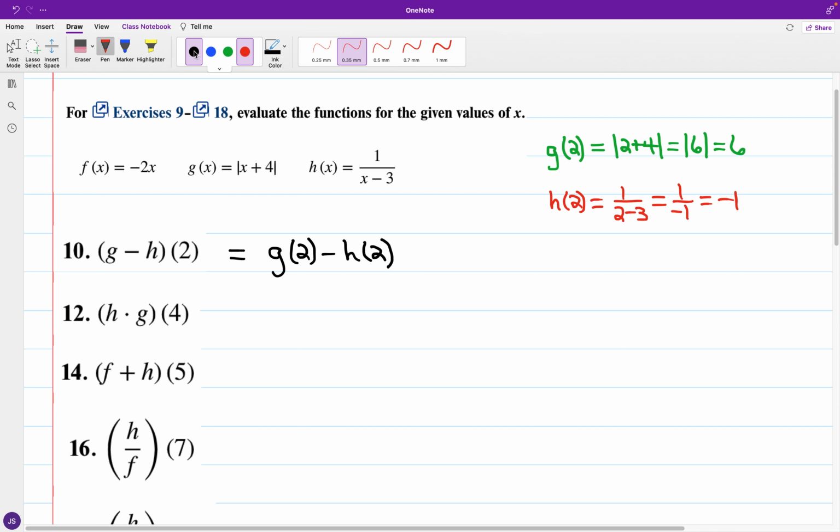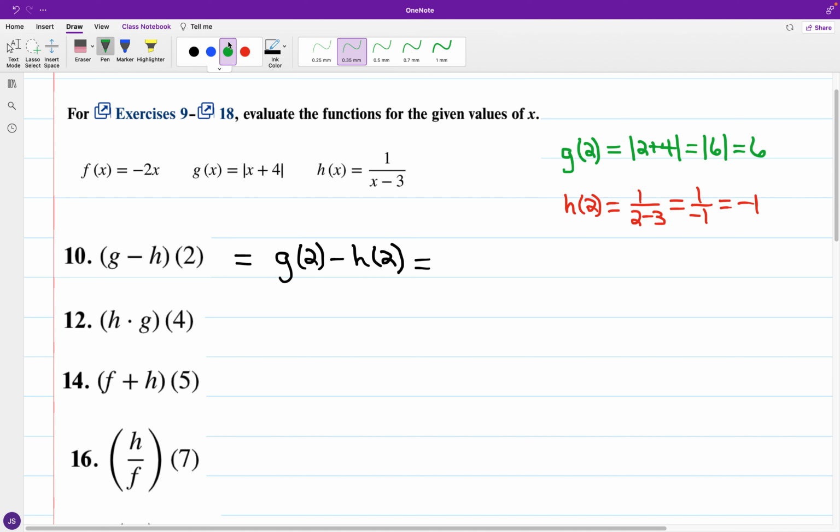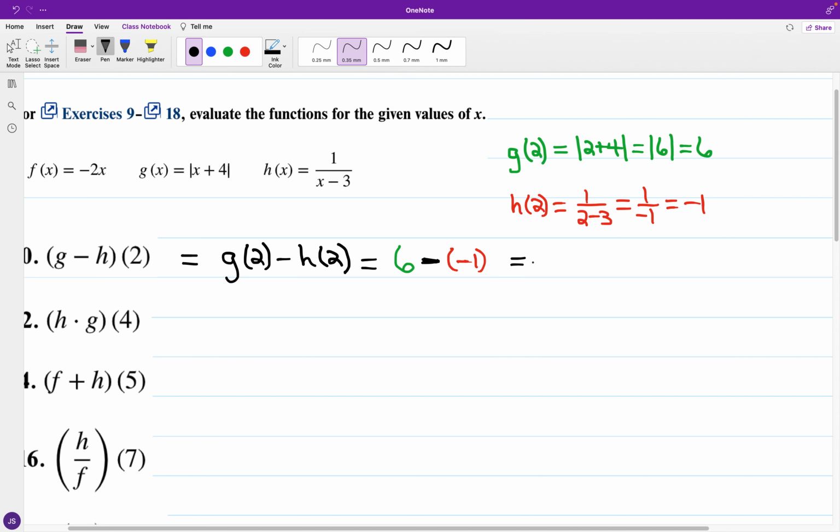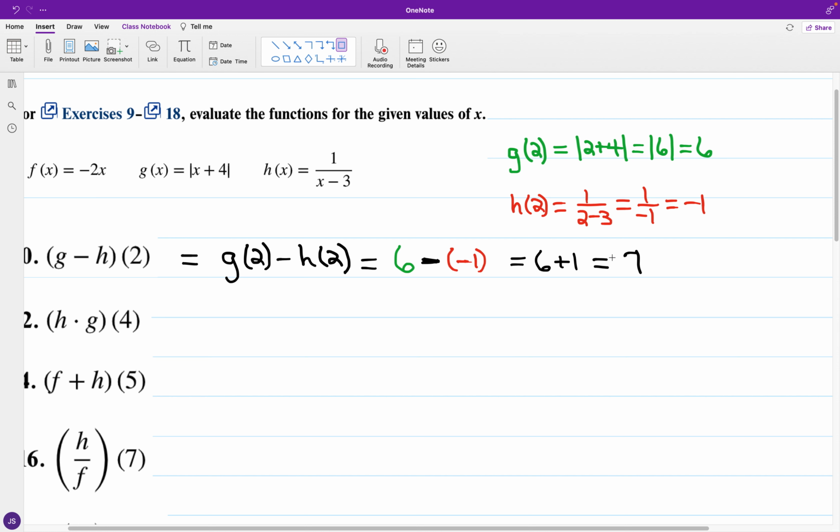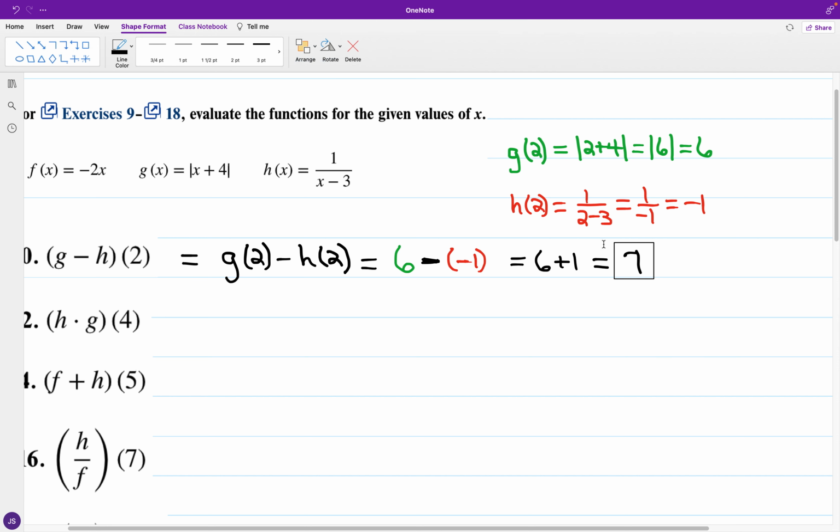So g of 2 is 6, and we have subtracting h of 2, the subtraction of negative 1. Subtracting a negative is the same as adding the additive inverse. So you have 6 plus 1. For g of 2 minus h of 2, we have a positive 7.